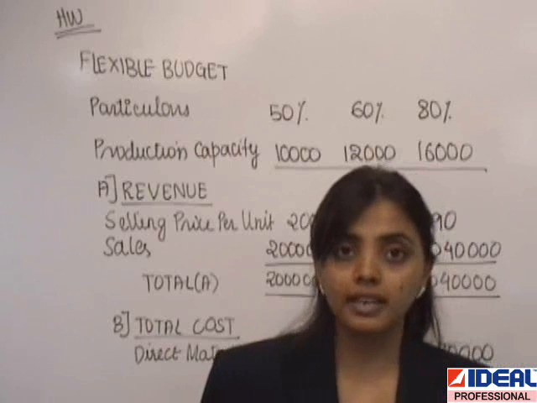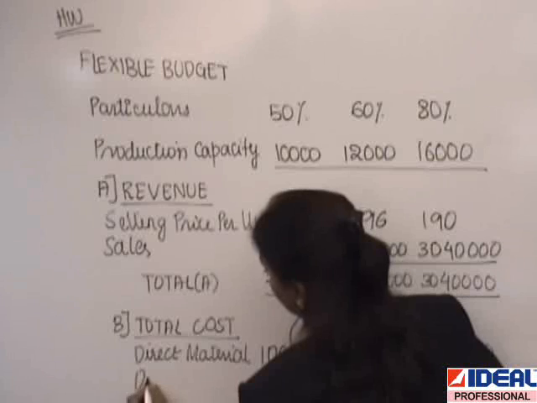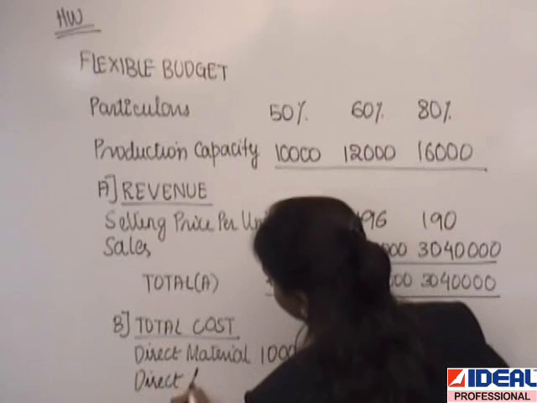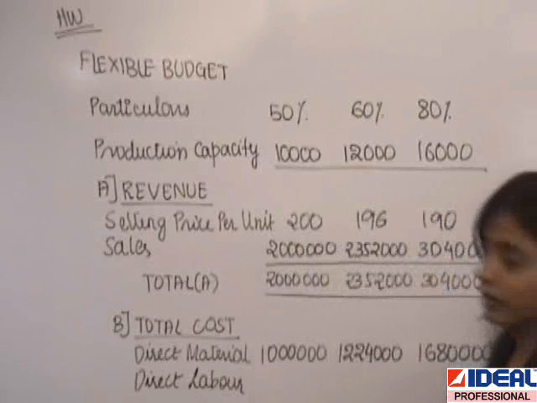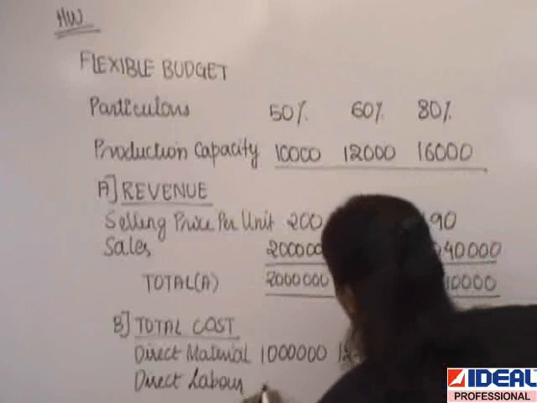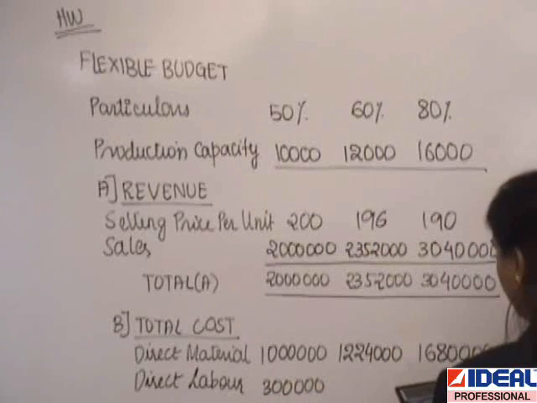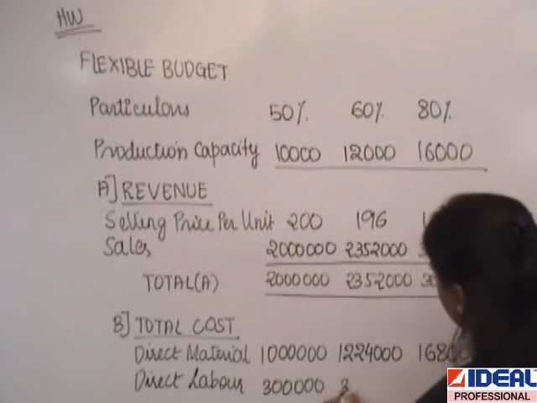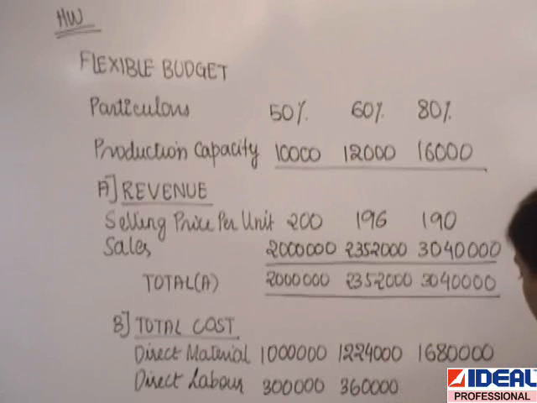No. So direct labor 30 per unit, so 10,000 into 30 is 3 lakhs. 12,000 into 30, 3 lakhs 60,000. 16,000 into 30, 4,80,000. Okay.